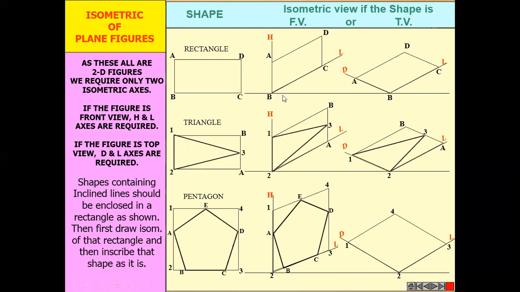The ABCD is in the H and the L axis. In the top view, it looks like D and L. The same rectangle looks like D and L.